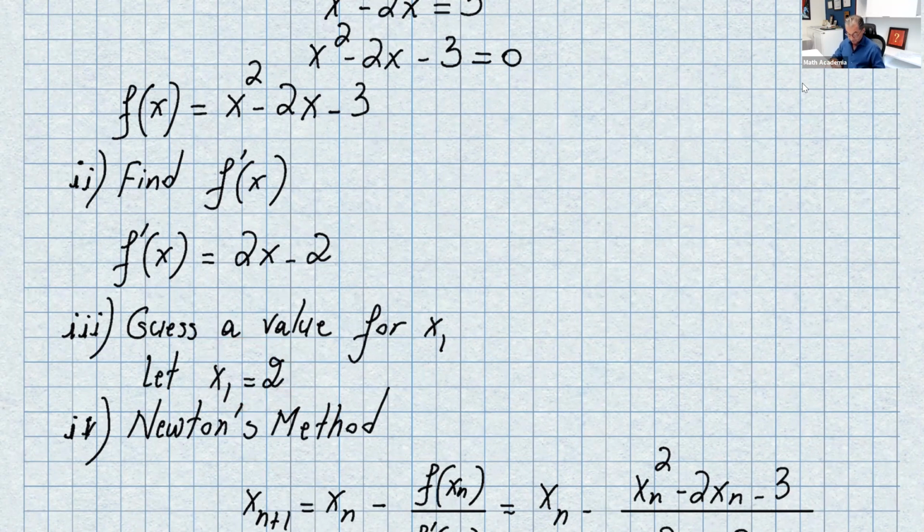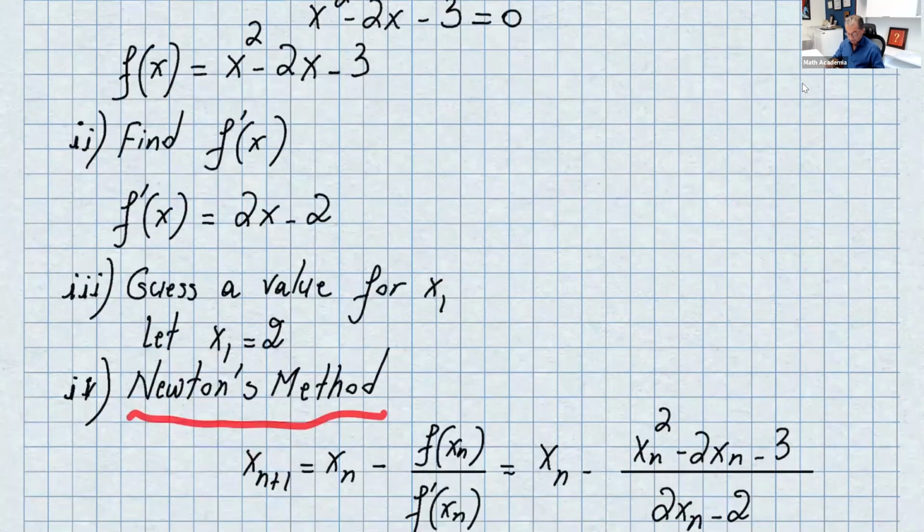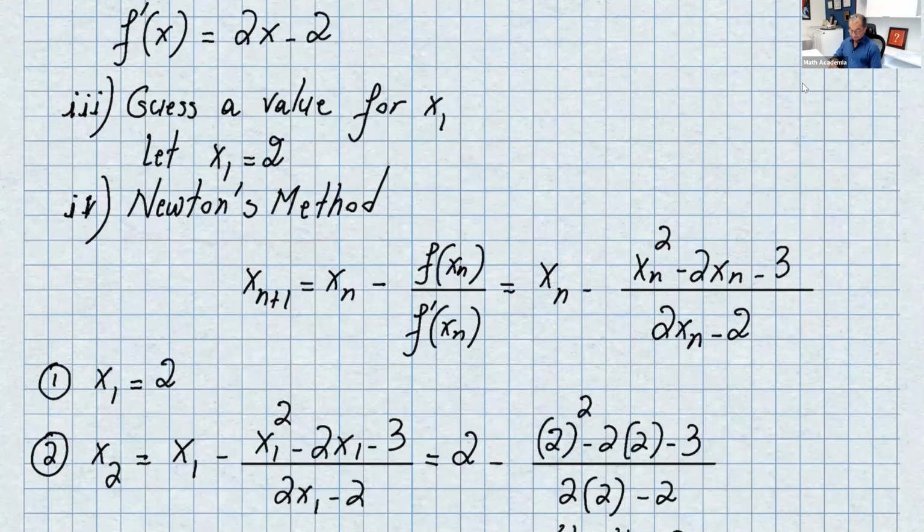Now we're going to use Newton's method. Newton's method says x sub n plus 1 is equal to x sub n minus f of x sub n over f prime of x sub n. We have everything here, so let's substitute. I can say that equals x sub n minus, this was our f of x, and this one was the derivative.